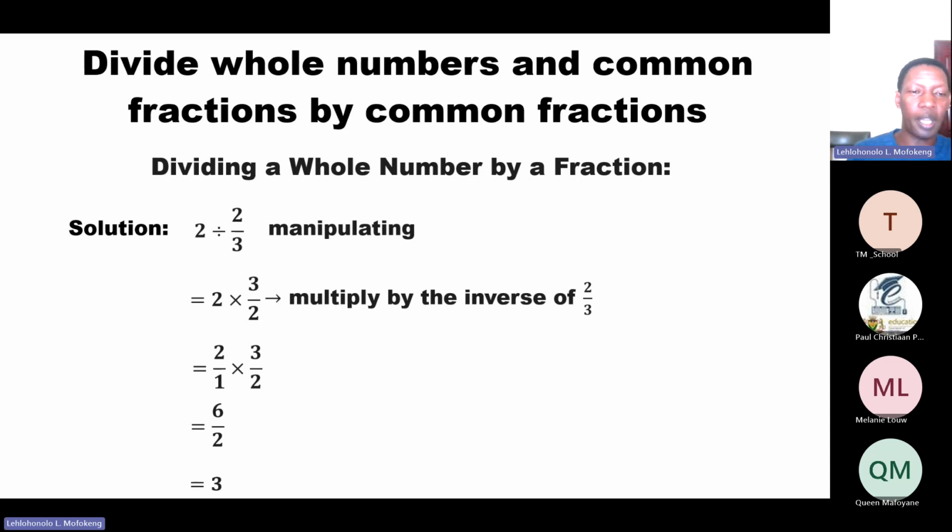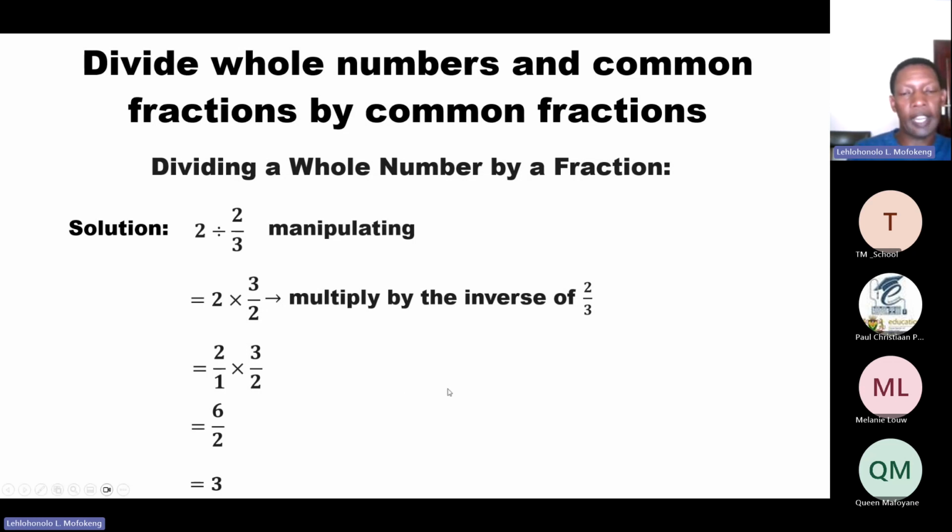And remember, when we were applying the pictorial approach, we got the answer as 3. And even here, we also got 3. So in essence, after dividing 2 by 2/3, we get how many 2/3 in 2? We get 3 in 2.